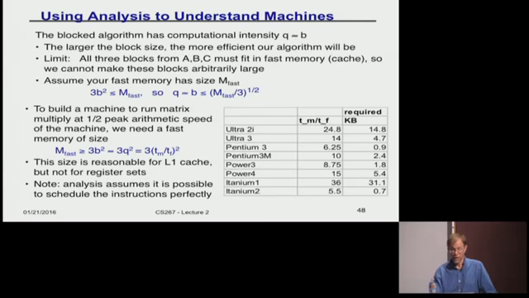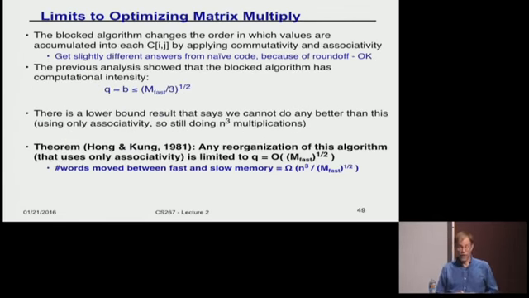So this was one magical algorithm that I told you about, and it turns out that there's a theorem that says this is optimal. I will have a later lecture in the semester where I say how this has been generalized in all sorts of different ways. But it was originally proven just for classical matrix multiply.